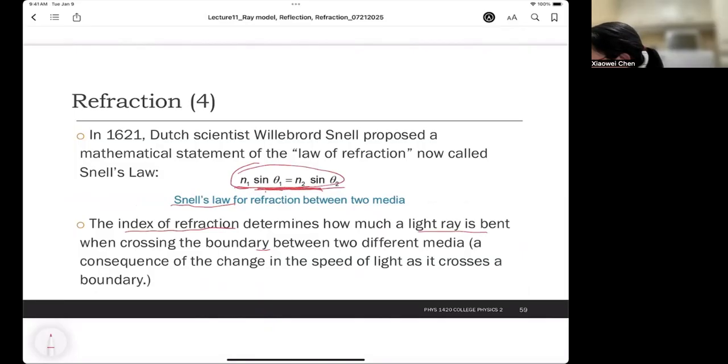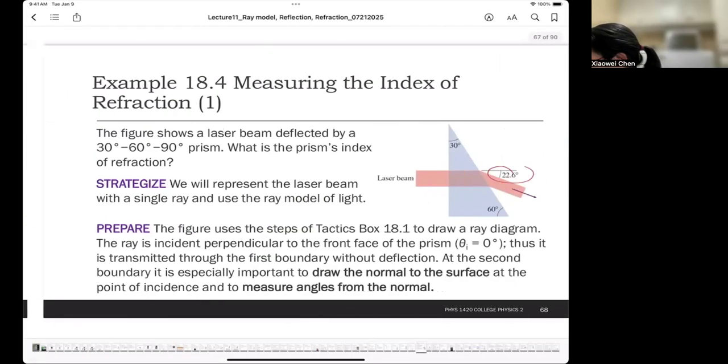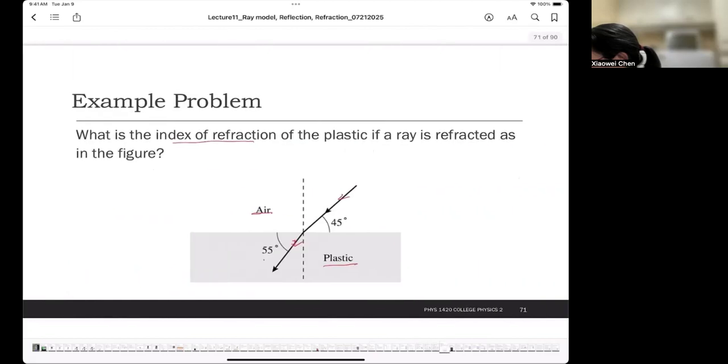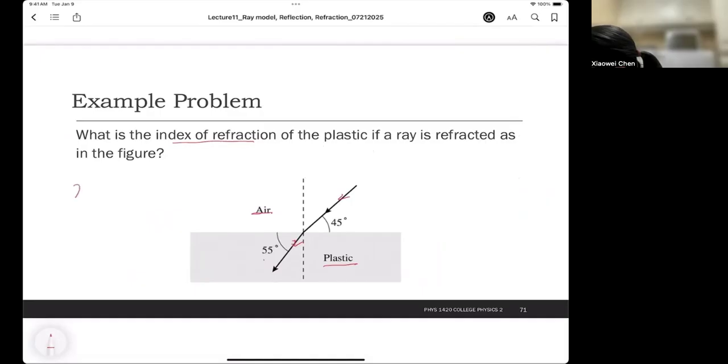We know n1 sin theta 1 equals n2 sin theta 2. For air, n is around 1, so sin theta 1 equals n2 sin theta 2.